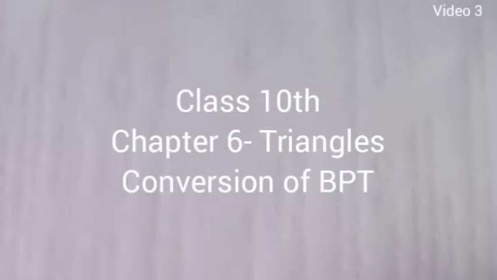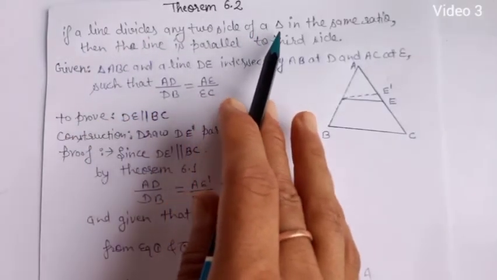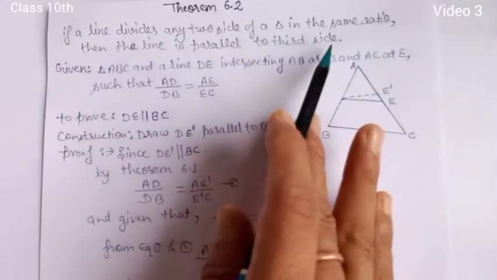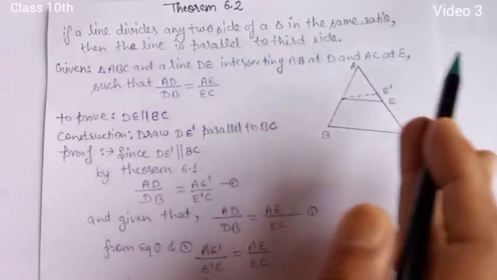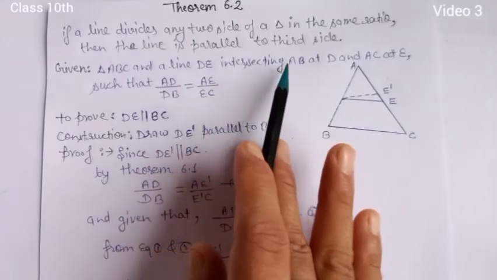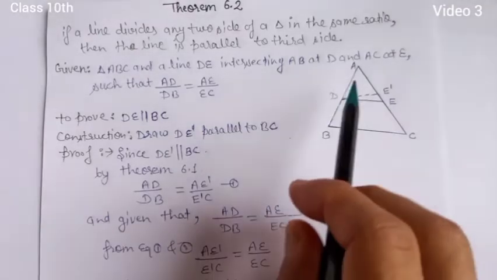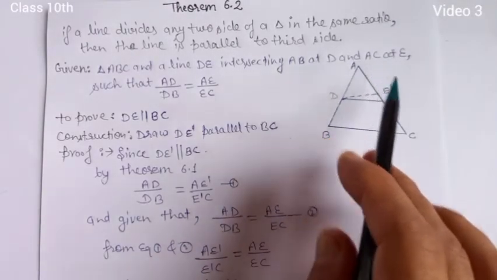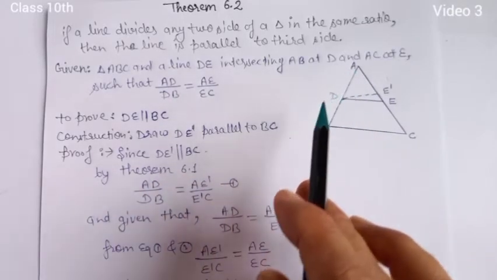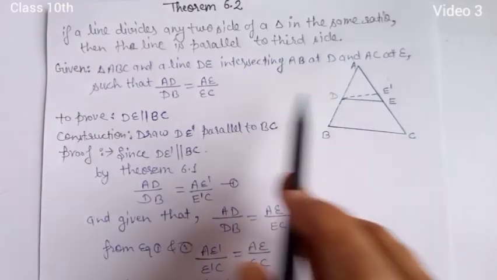Converse of BPT. If a line divides any two sides of a triangle in the same ratio, then the line is parallel to the third side. Here it is given that in triangle ABC, a line DE intersects AB at D and AC at E, such that AD/DB is equal to AE/EC.